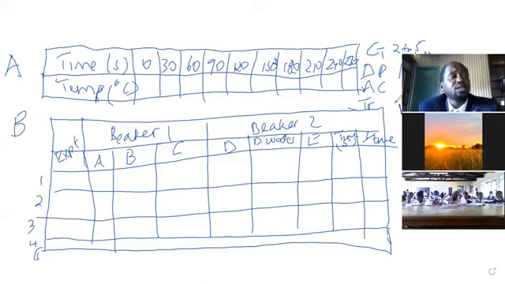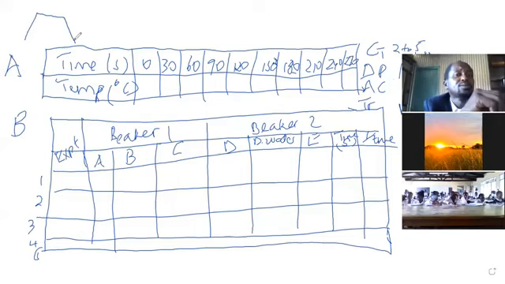Some of the trends, especially for enthalpy, can include a continuous rise, then constant, then drop. Or constant readings, then a rise, then a drop.